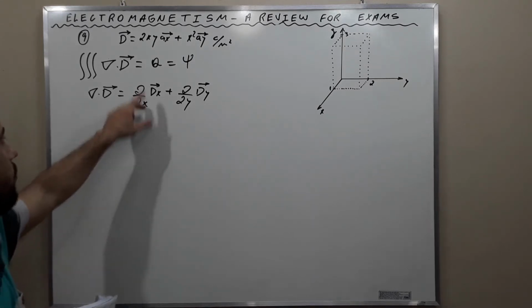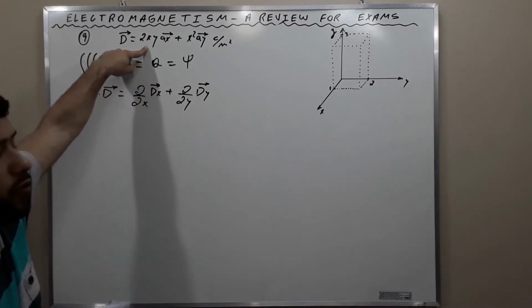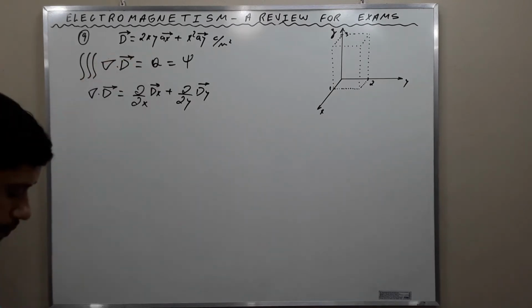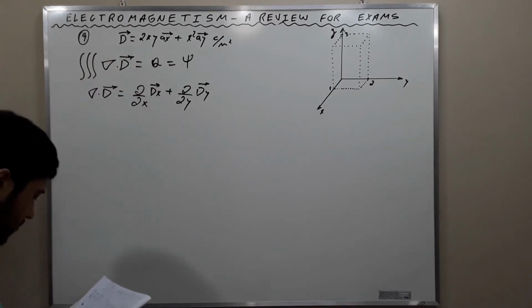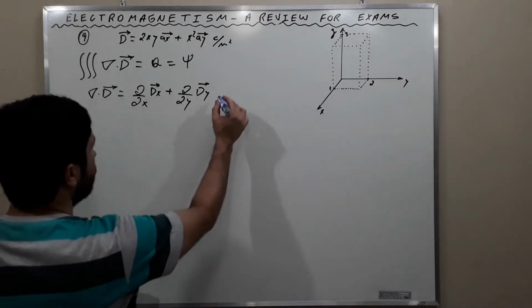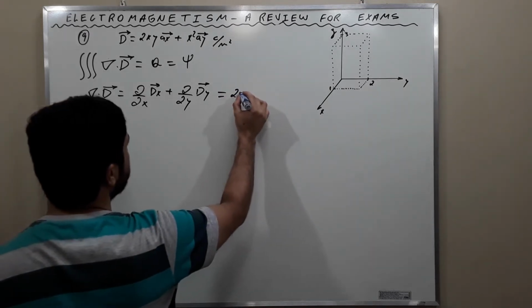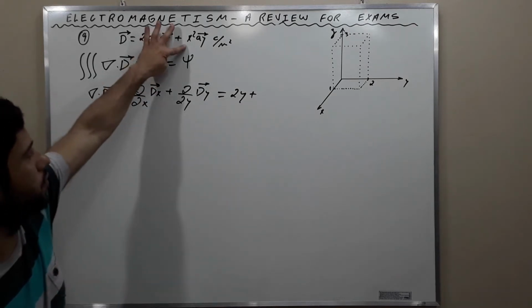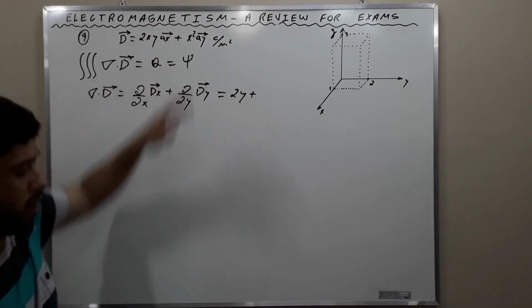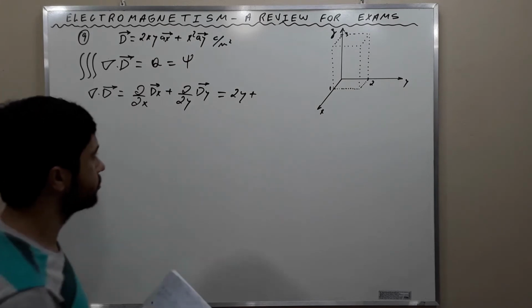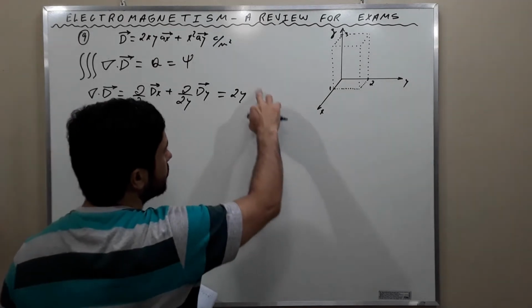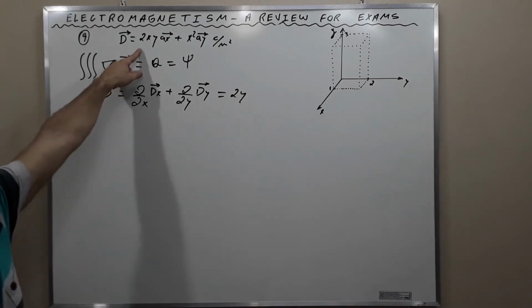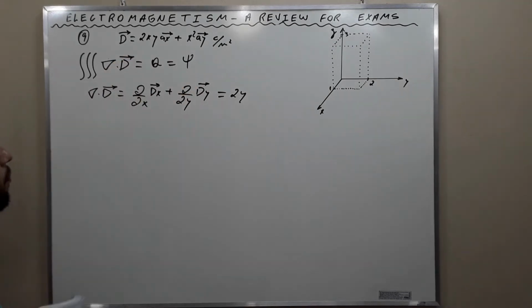The derivative of this with respect to x is 2y, plus the partial derivative of this with respect to y, which is 0. So the solution is only this. The divergence of this vector here is 2y.